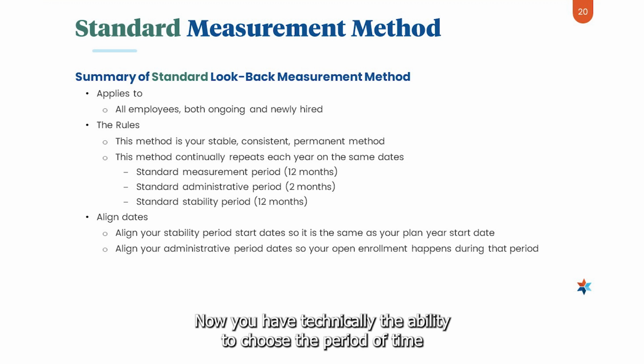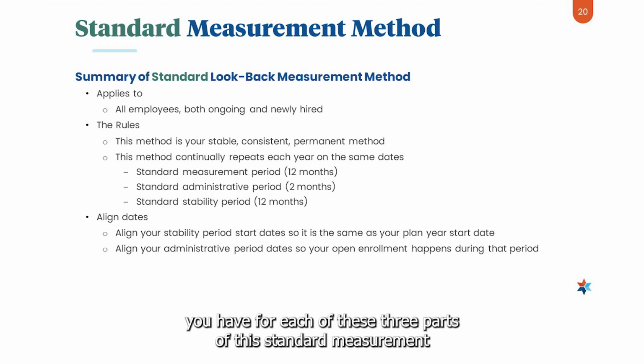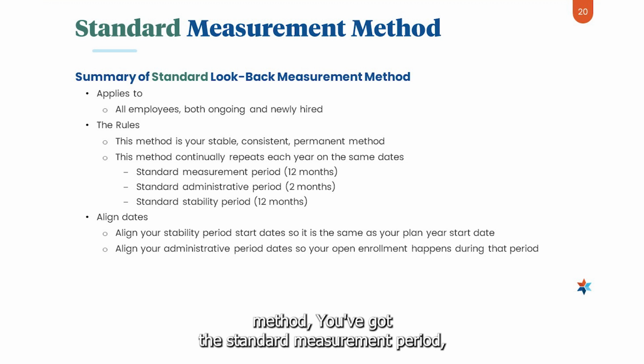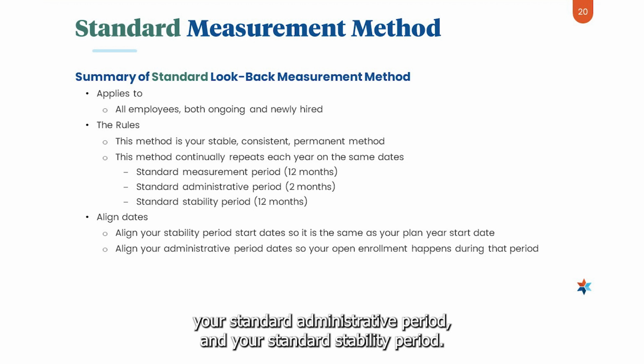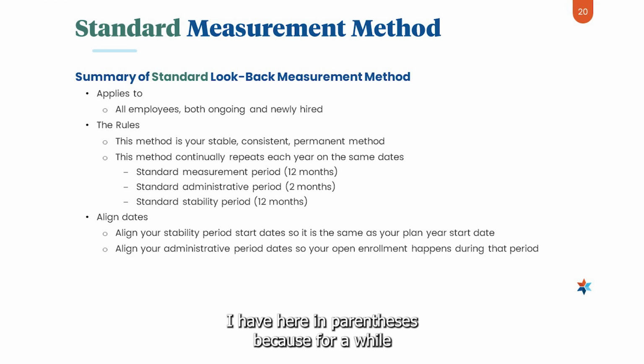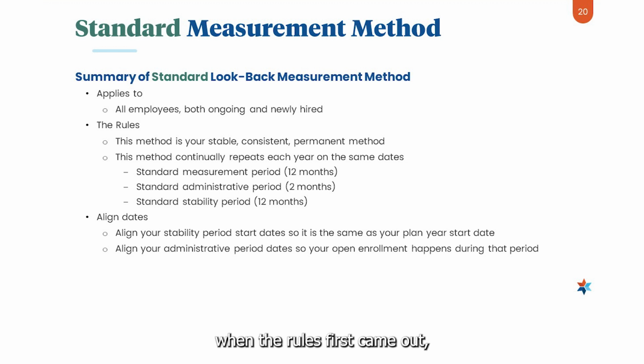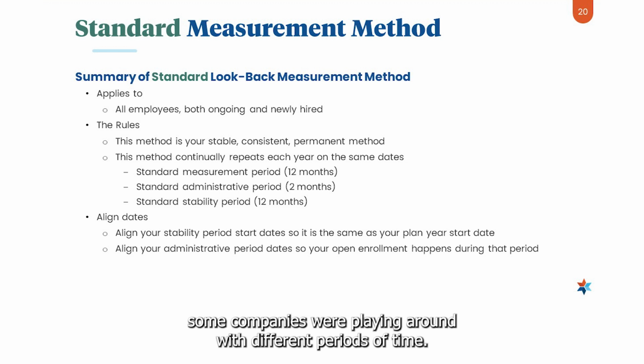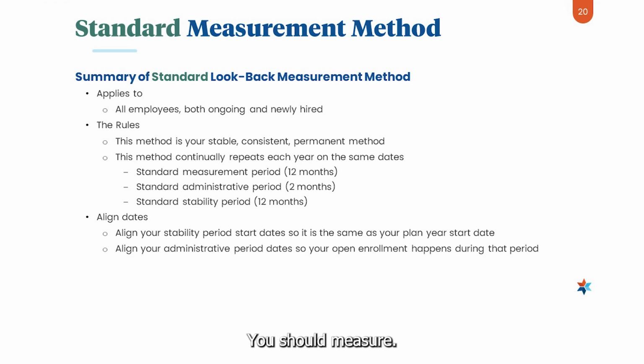Now, you technically have the ability to choose the period of time for each of these three parts of this standard measurement method. You've got the standard measurement period, your standard administrative period, and your standard stability period. I have that in parentheses because for a while, when the rules first came out, some companies were playing around with different periods of time to measure.